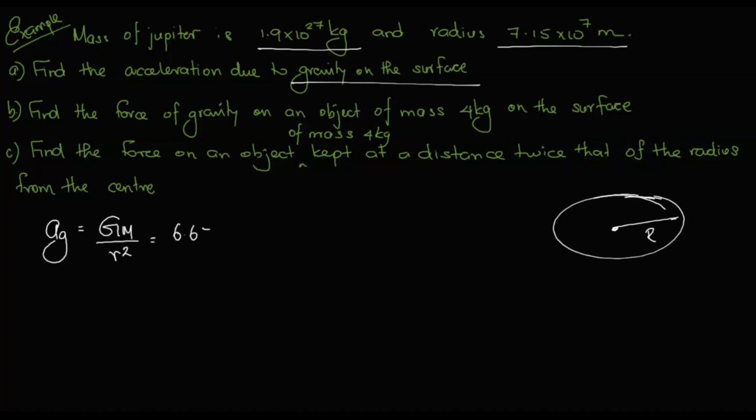G is 6.67 times 10 to the power minus 11, times mass of Jupiter 1.9 times 10 to the power of 27, divided by the radius, which is the distance from the center of mass, which is 7.15 times 10 to the power 7, because we are looking at the surface. So you square this. The answer would be simple calculations.